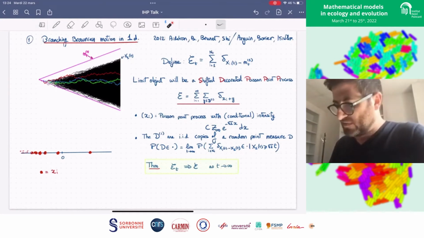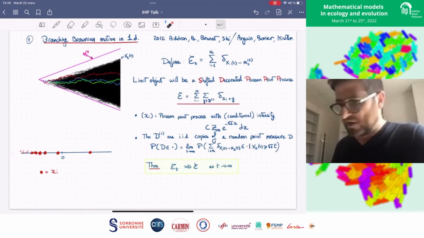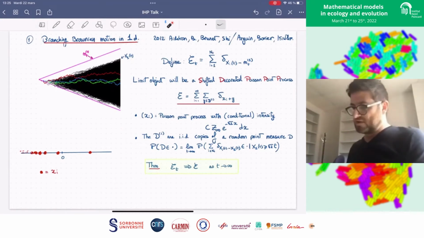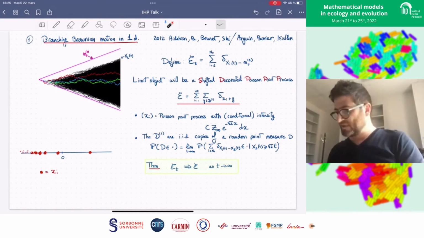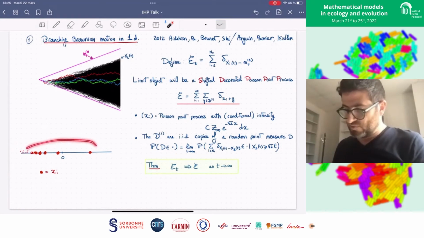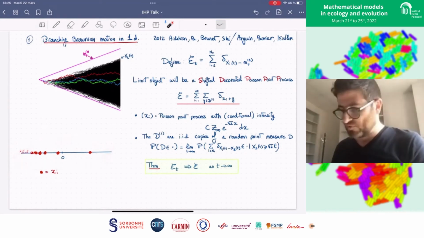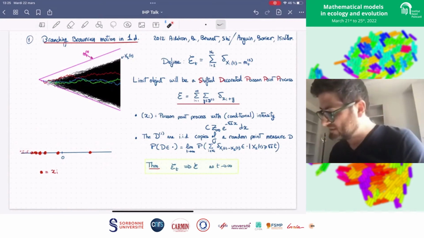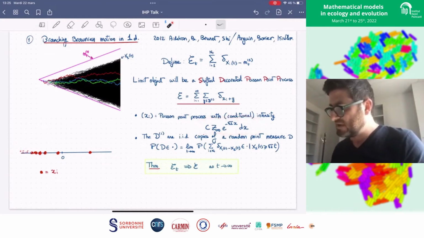Let me show you how you construct such an object. You start with a Poisson point process. Those red dots on the real line are the atoms of a Poisson point process whose intensity is random and is given by c Z_infinity times e to the minus √2 x dx.